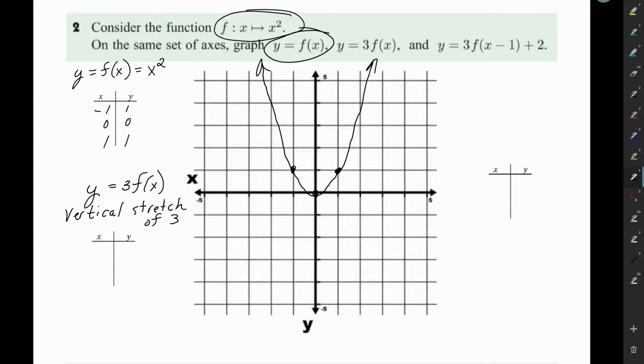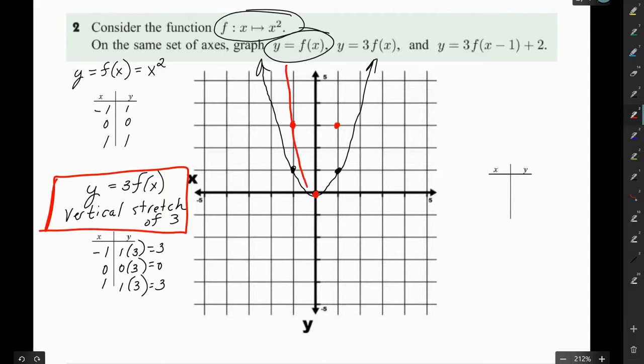So we'll write our original x values, and then we're going to multiply all our y values by 3. And let's go ahead and draw that graph, and I'm going to do this graph in red. And now that we have our graph drawn in, you can see that it has stretched vertically upwards.